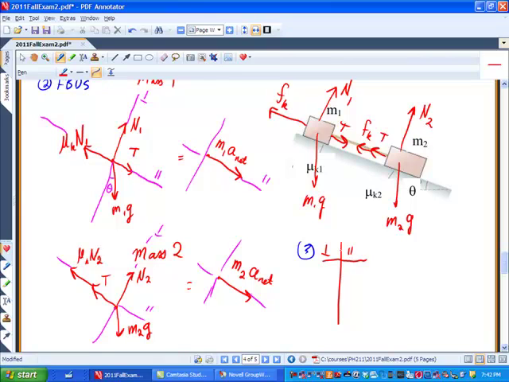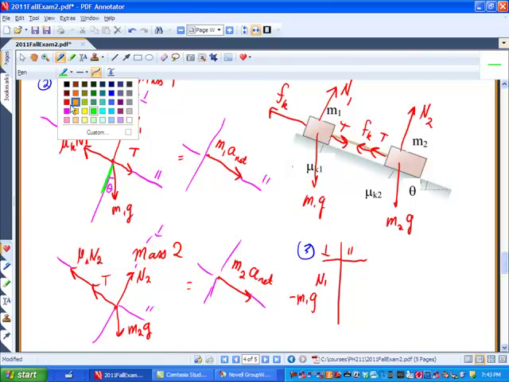We have parallel and perpendicular forces. In the perpendicular, we got an N1 and a minus M1G. The adjacent part of M1G is in the perpendicular direction.